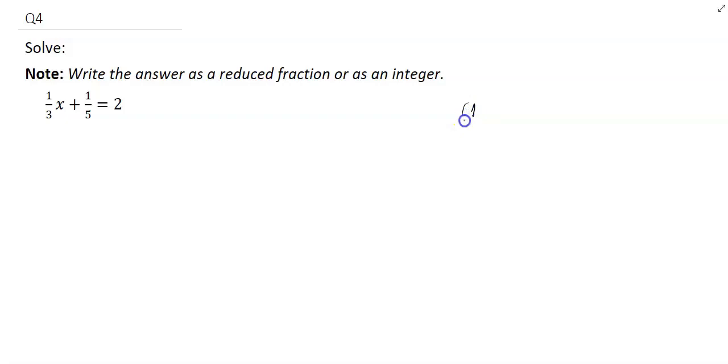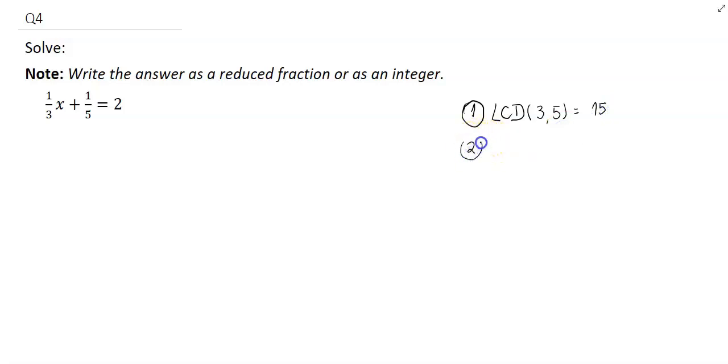So first, I have to find the LCD of all the denominators of the fractions involved in this equation. The denominators are 3 and 5. The LCD will be 15.